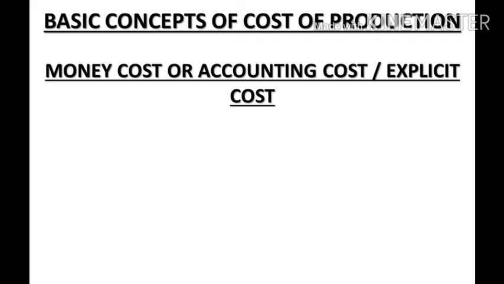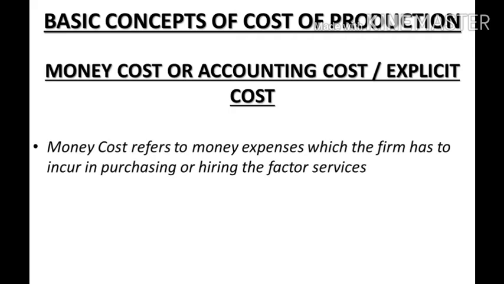Money cost refers to the money expenses which the firm has to incur, spend or bear in purchasing or hiring the factor services in order to produce a commodity. It is very simple. When the firm has decided to produce a commodity, the expenses which a firm incurs in purchasing or hiring factors of production are known as money cost for the firm.